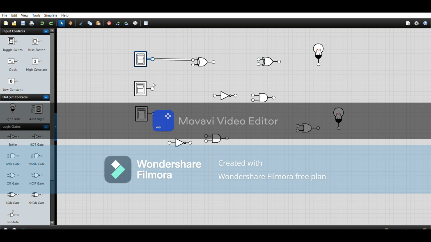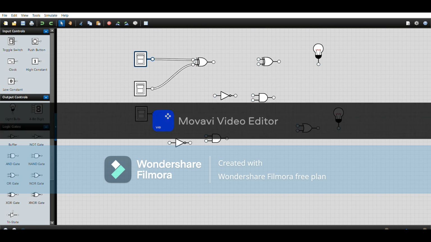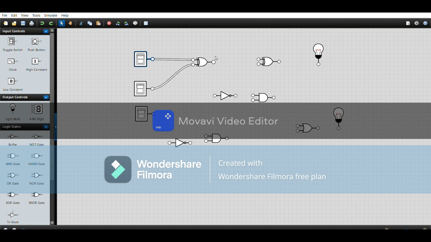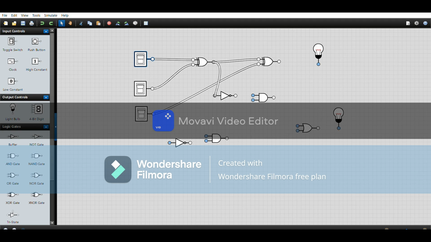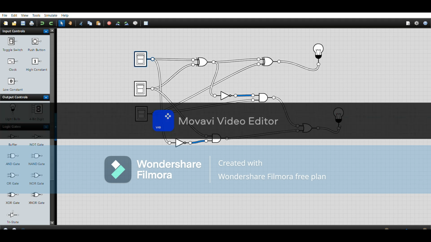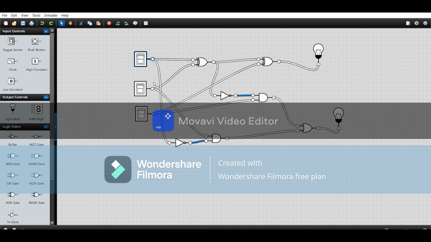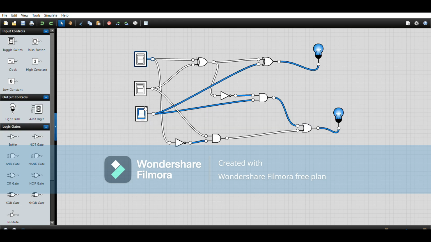For the implementation of the full subtractor, we need 3 inputs called switches, 2 XOR gates, 2 NOT gates, 2 AND gates and only 1 OR gate. And we also need 2 outputs called lights. Let us connect the inputs and outputs together, and let us see some example inputs and outputs of the full subtractor.